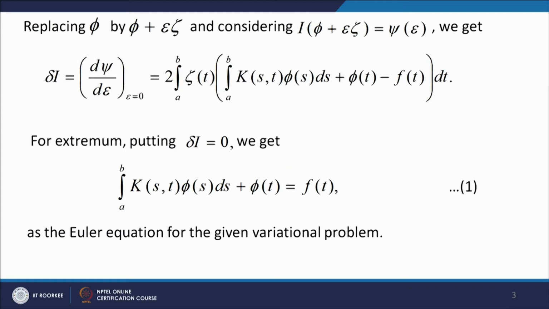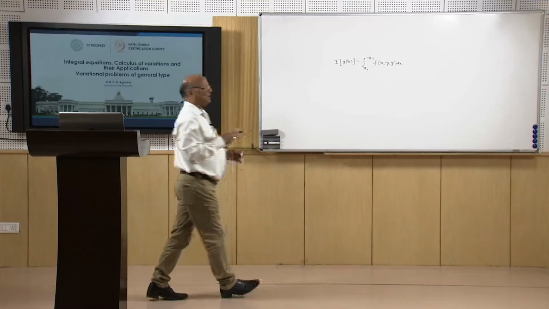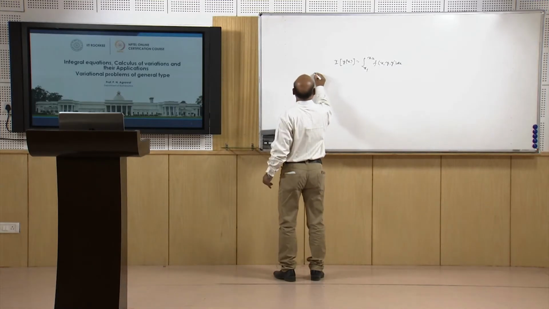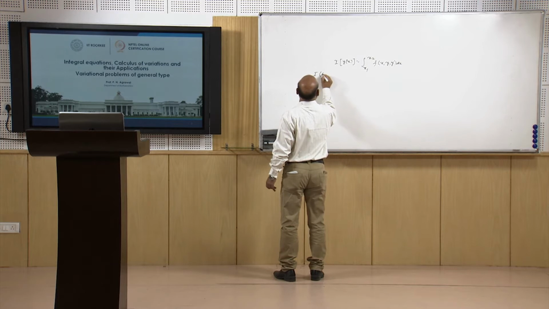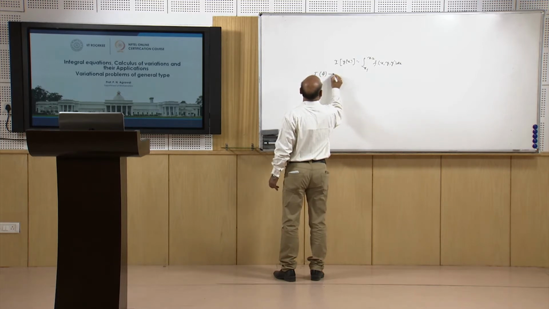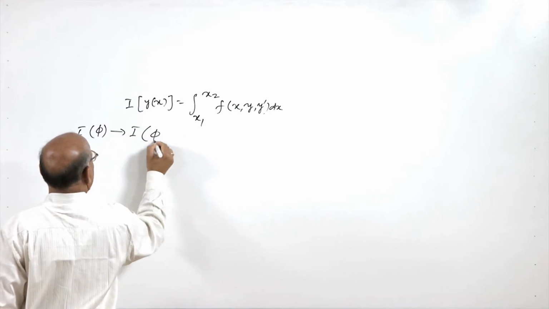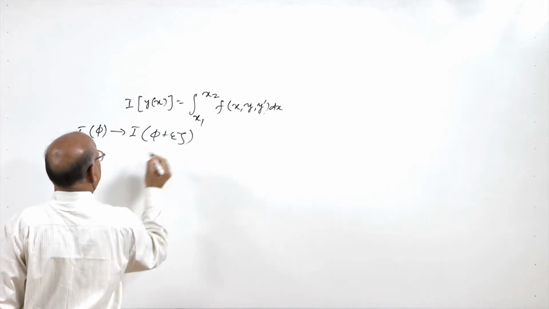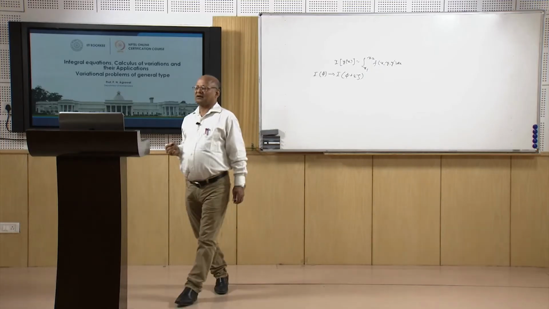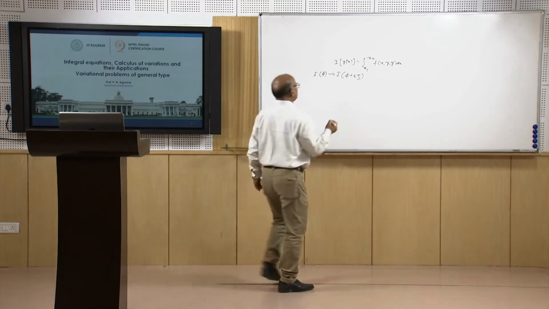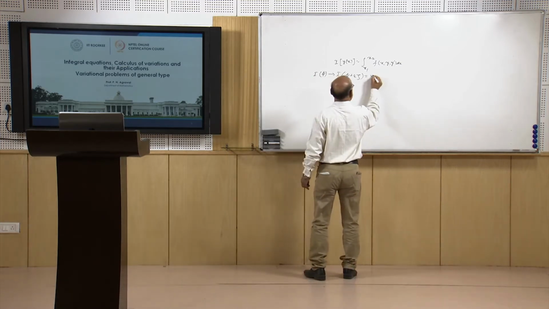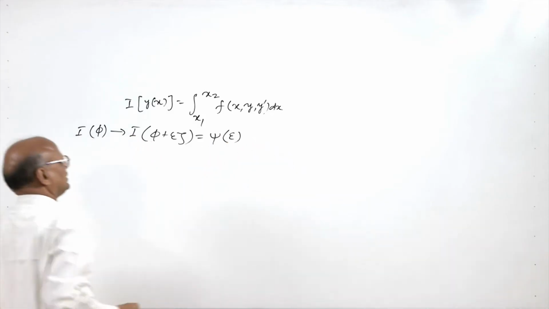Now in order to find the variation of this functional, we replace phi by phi plus epsilon zeta, and let us assume that I of phi plus epsilon zeta is equal to psi of epsilon.